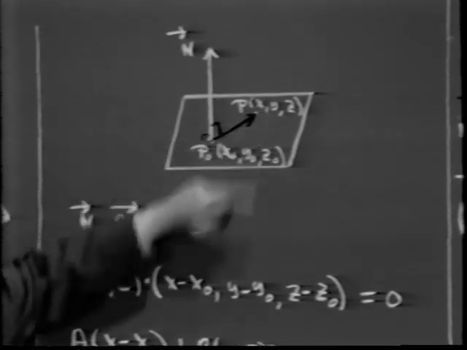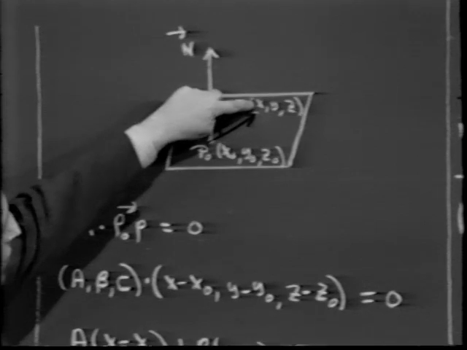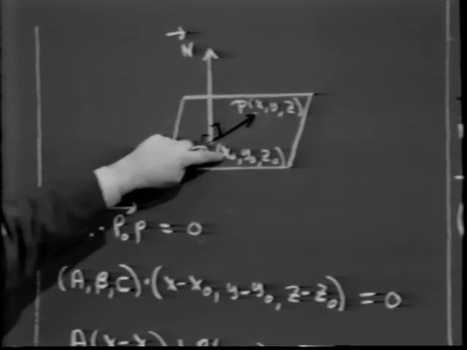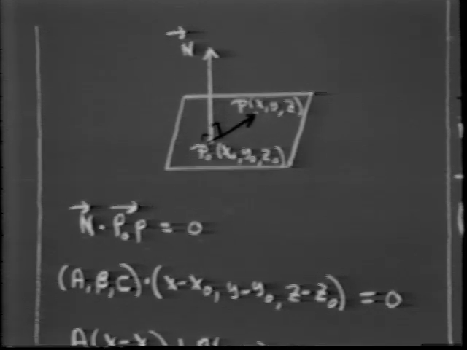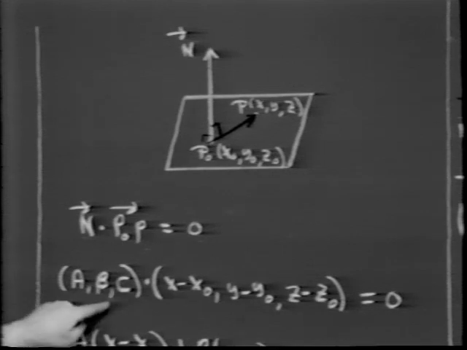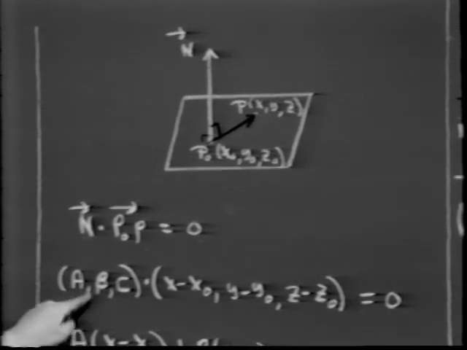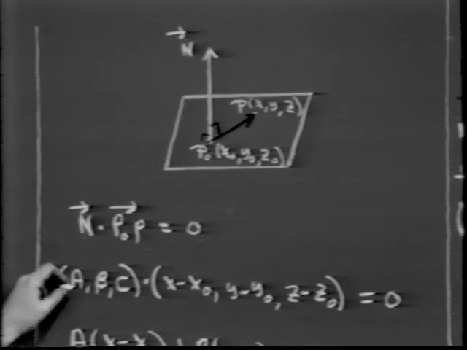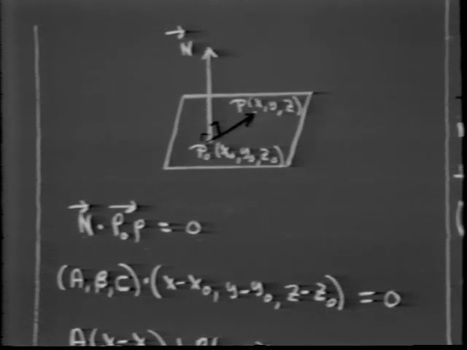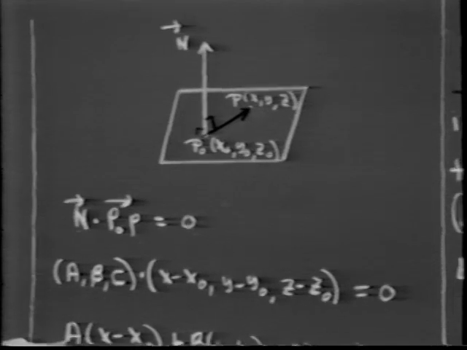What about P0P? Well, that's the vector whose components are x minus x0, y minus y0, and z minus z0. That beauty of Cartesian coordinates again. Consequently, I want the dot product of these two vectors to be 0. But in Cartesian coordinates, we know that to dot two vectors, we simply multiply corresponding components and add, and that results in what?